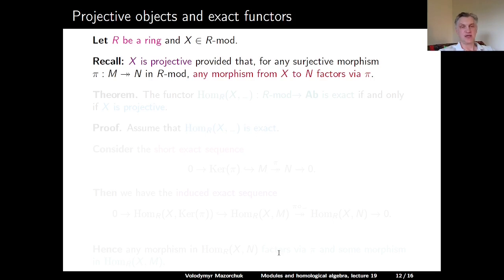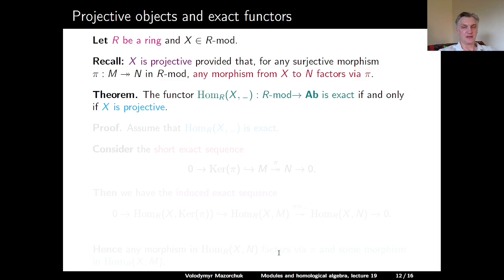Recall that X is projective provided that for any surjective morphism pi from some module M to some module N, and I'm working in the category of finitely generated R modules here, any morphism from X to N factors via pi. Theorem: the functor hom sub R from X to blank, and this is a functor from R mod to abelian groups. So this functor is exact if and only if X is projective.